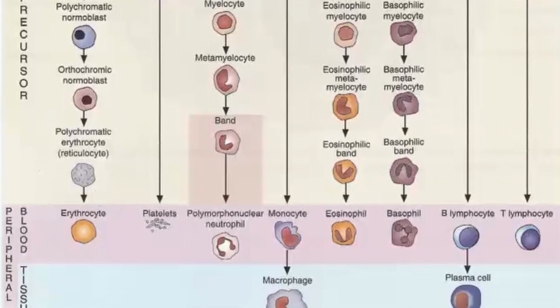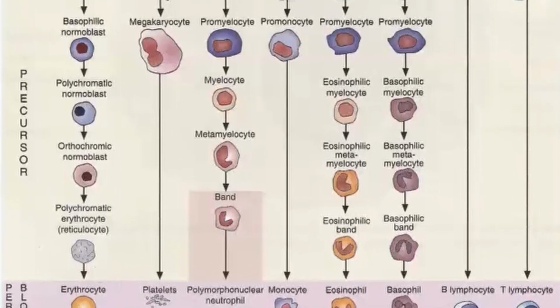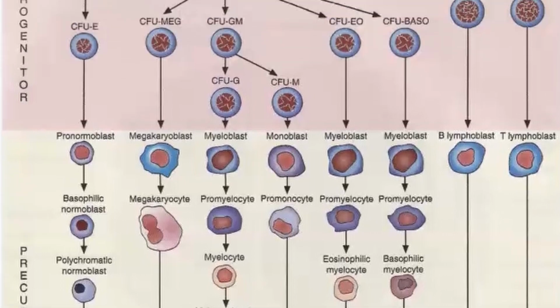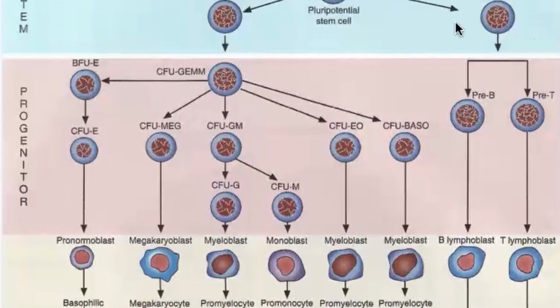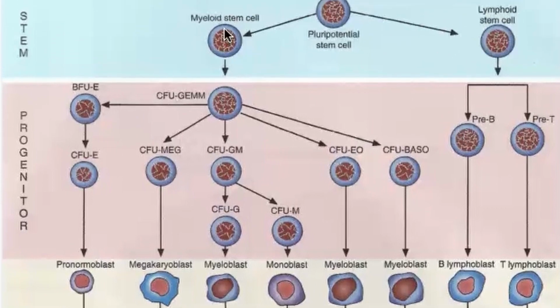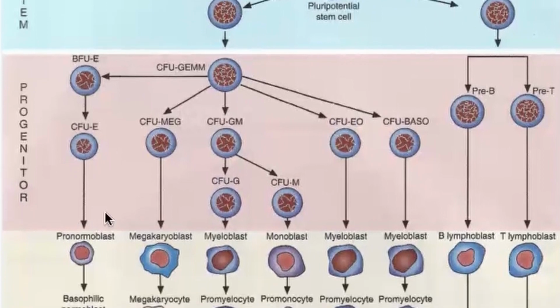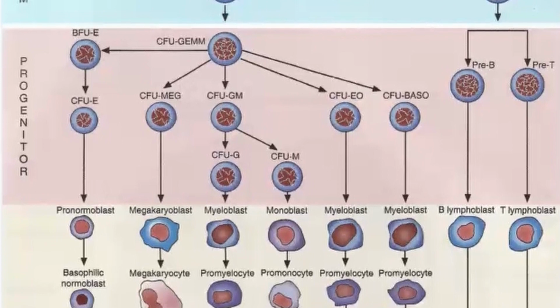So in terms of the synthesis of a red blood cell, this is what you're looking at all the way down. In terms of the synthesis, you should know the cells from the myeloid stem cells and the lymphoid stem cells. What cells do they give rise to? So at least if you look at, for example, the platelets, they derive from the megakaryoblast, megakaryocytes to platelet.